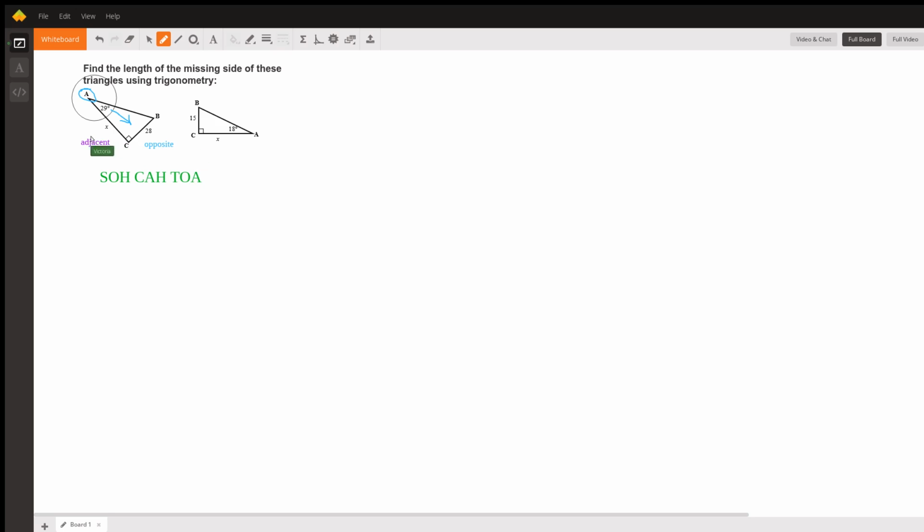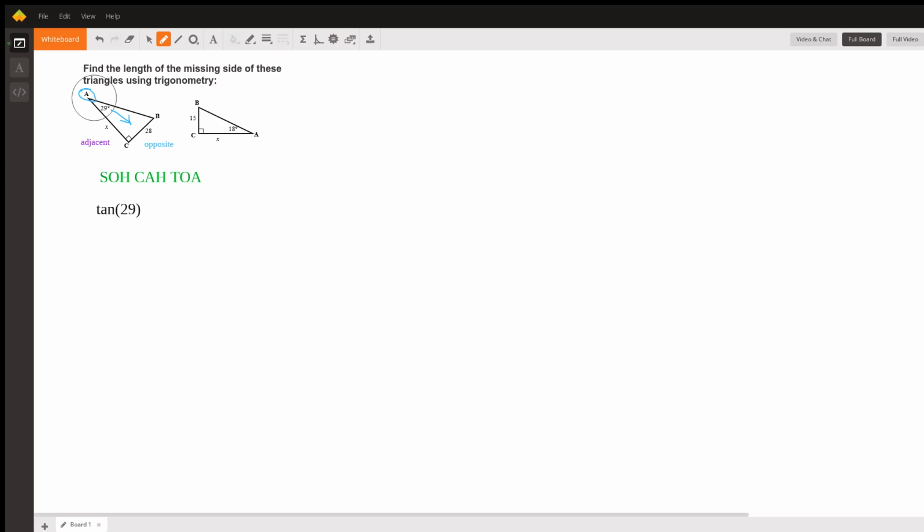Now, we have information on both the opposite and the adjacent. So this is when we will solve this using a tangent. We're going to say that the tangent, because it's the one that's opposite over adjacent, and then we know the angle, it's 29 degrees.